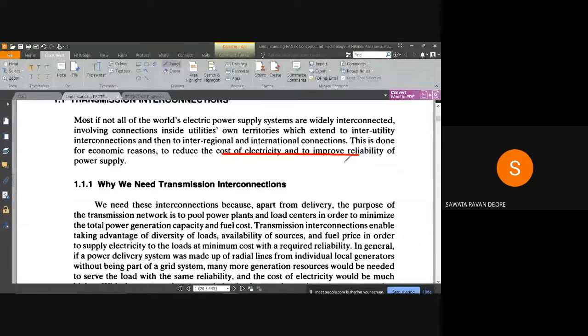Some power plants are hydropower plants, some are thermal, some are nuclear, some are renewable energy source based. Obviously, getting power from these different power plants will be at different rates, because their operational costs vary. For a hydropower plant, the operational cost is very low.